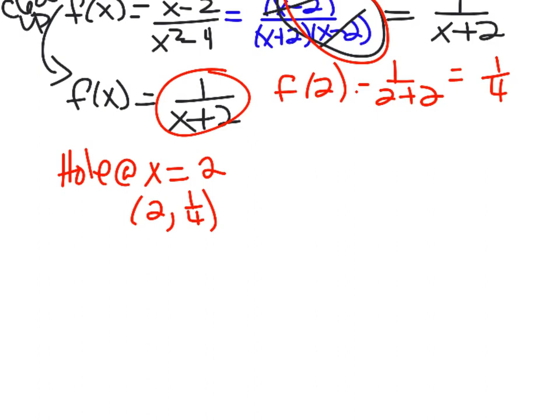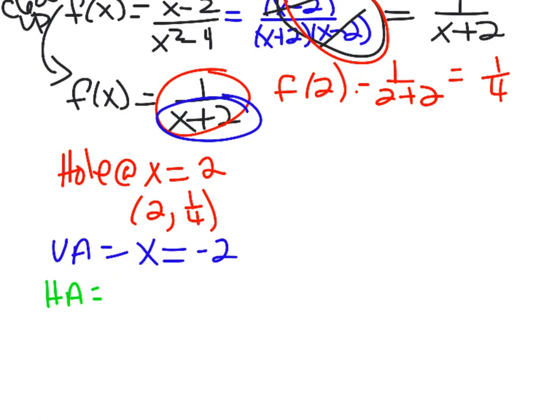All right, so I need my vertical asymptote. My vertical asymptote would be when the denominator is equal to 0. So that is x equals negative 2, and it has to be x equals because it's an equation of a line. I need my horizontal asymptote. So you could look at this, or I could look here.